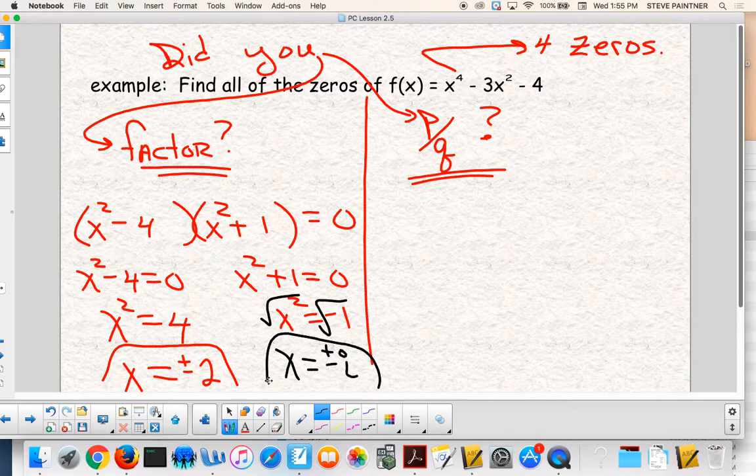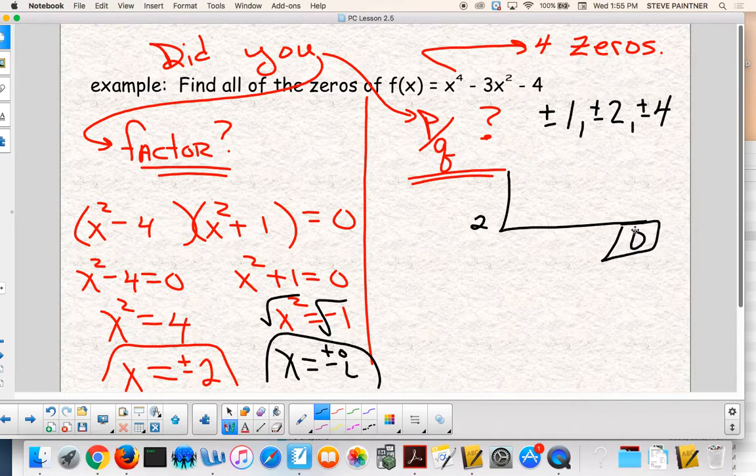With P's and Q's, if you did this, you probably figured this out, right? These are your choices. You have 6 choices. If you did it this way, you probably found 2 works. But this is tricky because it's 1, 0, negative 3, 0, negative 4. And I tell you what, those zeros make it hard.